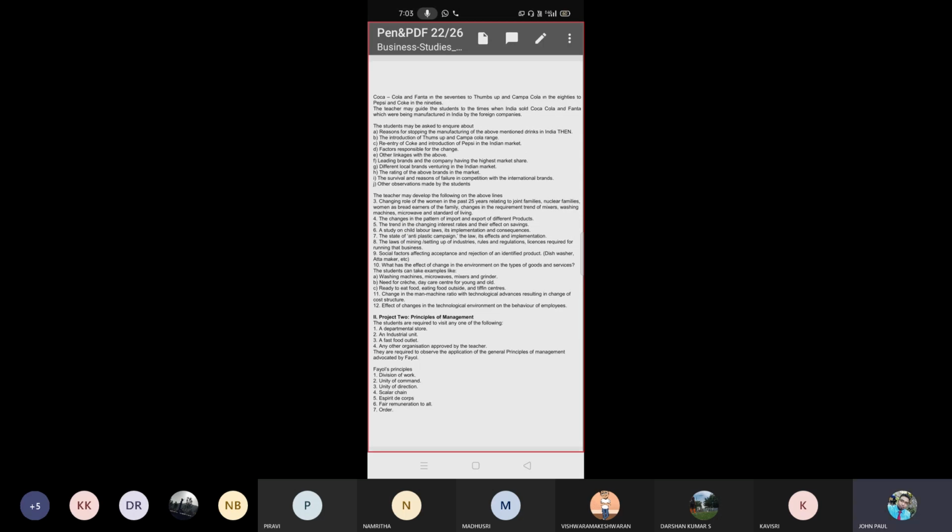In this, what we need to do: the reason for stopping manufacturing of the above mentioned drinks in India, then the introduction of Thums Up and Campa Cola range, re-entry of Coke, and then the introduction of Pepsi in the Indian market, factors responsible for change, other linkages with the above, leading brands and the company having the highest market share, rating the above brands in the market, survival and reasons of failure in competition with the international brands.